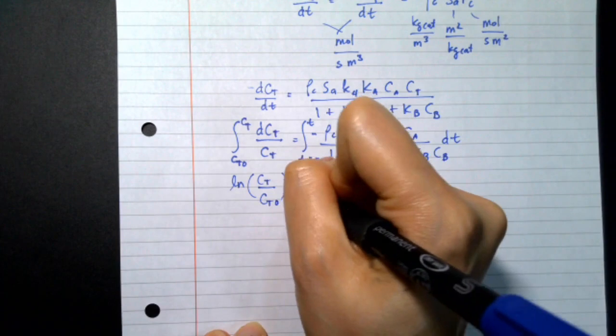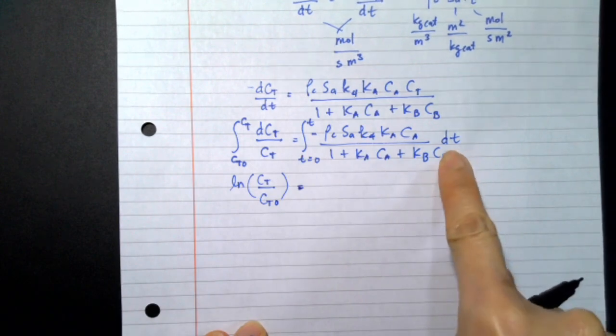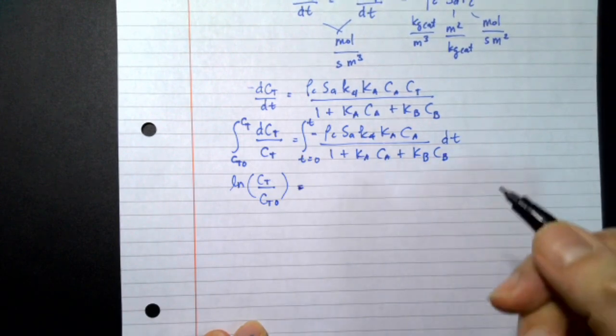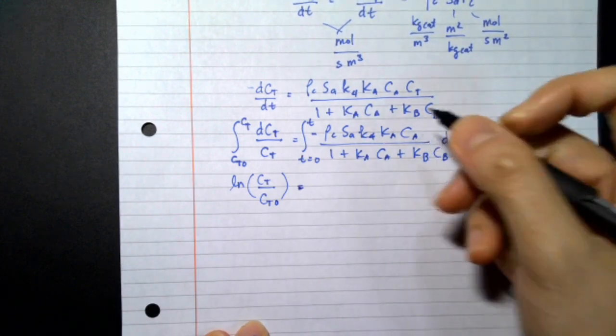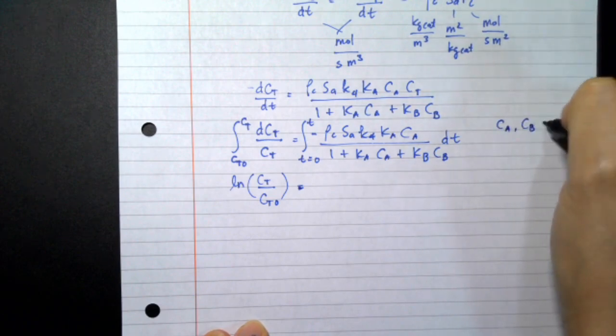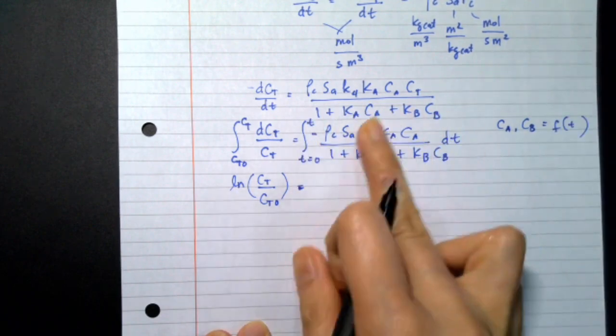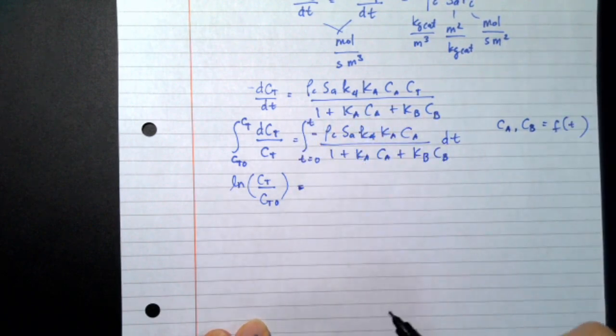For the right-hand side, we can't integrate with respect to time because CA and CB are functions of time. So we can just leave this whole term inside the integral.